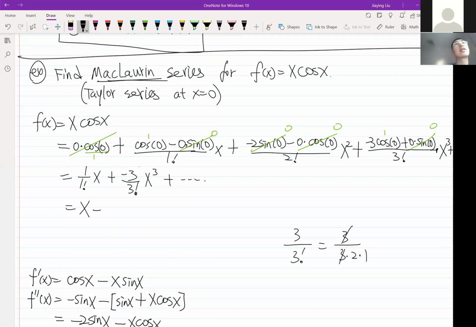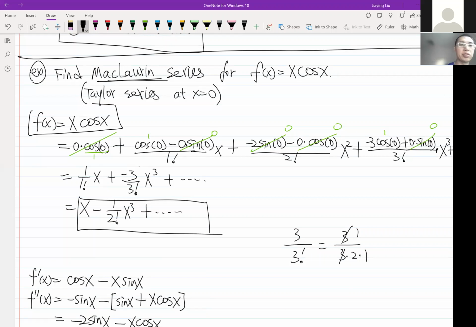Oh, sorry, that's 1 over 2 factorial. So that's 1 over 2 factorial x cubed, and the rest. This is the Maclaurin series for f of x equals x cosine x.